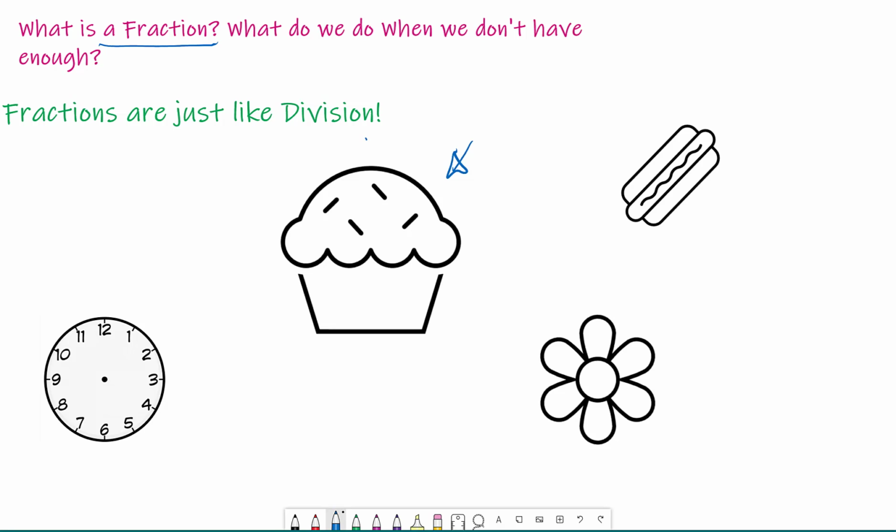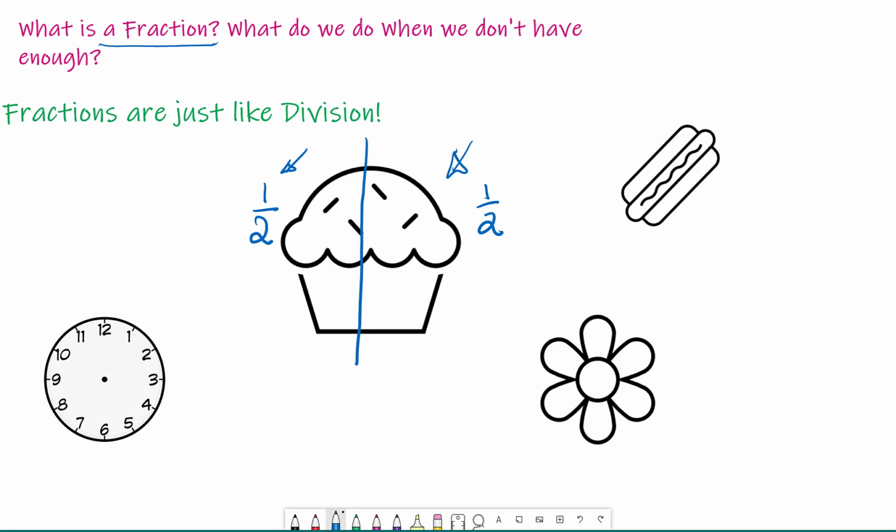So when we divide this cupcake equally into two halves, and we know the word half just intuitively as being the result of taking one thing and dividing it fairly into two, we get on each side a half, and we use the symbol 1 over 2 for each one of these halves. What is the 1?